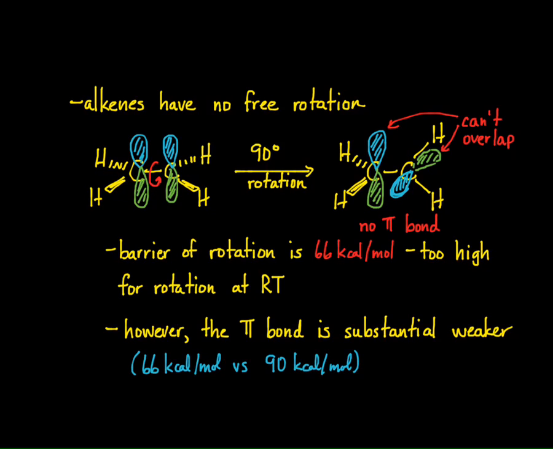And this is going to be important. So if you look back on the previous table in Chapter 2, we saw sigma bonds have a bond dissociation energy of about 90. So we're going from 90 to 66 kilocalories per mole. And that means that pi bonds are more reactive than sigma bonds. And we're going to see how that plays out later on in the chapter.